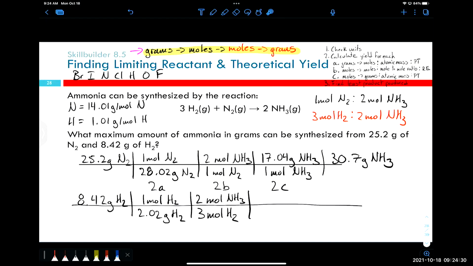And again, since we're converting both of these into grams of ammonia, we already have from our first calculation the molecular mass of ammonia. And since we are again going from moles of ammonia to grams of ammonia, you can really just copy that down.